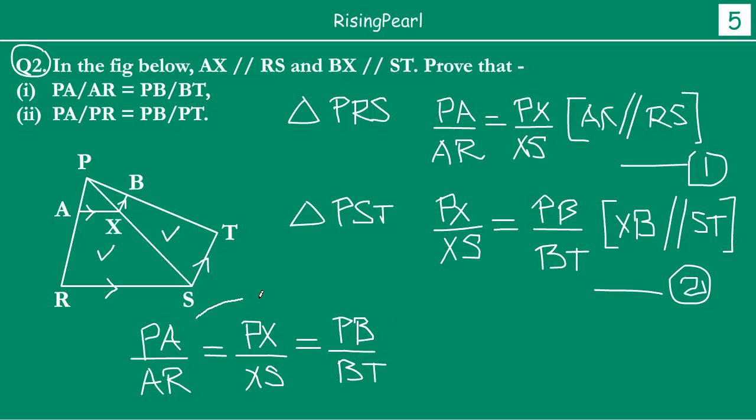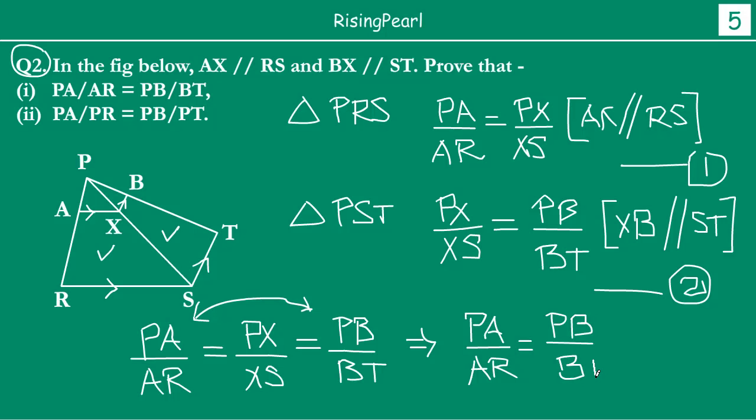That means I can say that these two ratios are equal. All three are equal. So from here it implies PA by AR is equal to PB by BT, which is exactly what we had to prove.